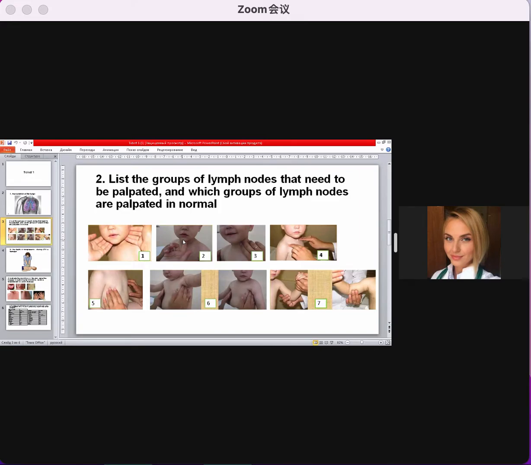Ma'am, you mean cervical, I think? Okay, let's answer this question. Which groups of lymph nodes are palpated in normal? Okay, that will be right and correct.